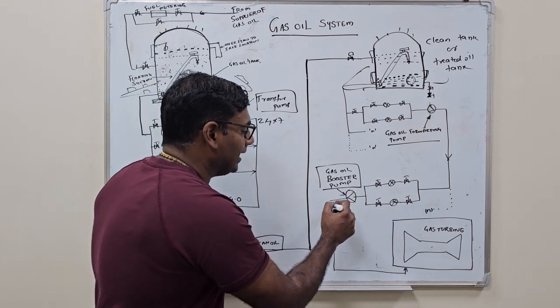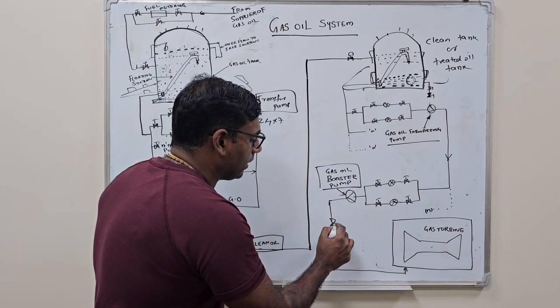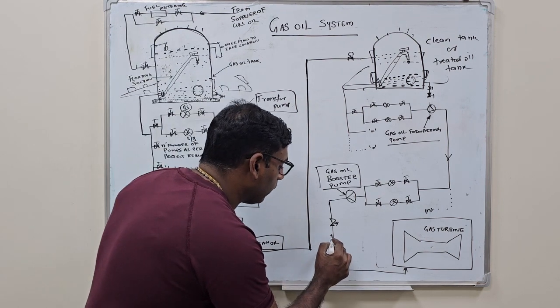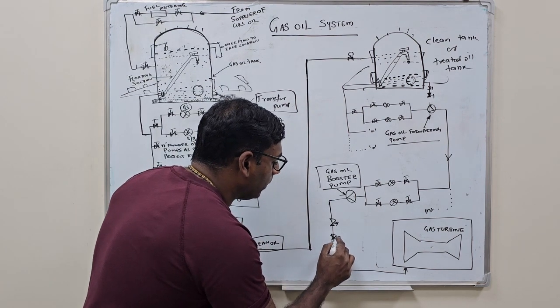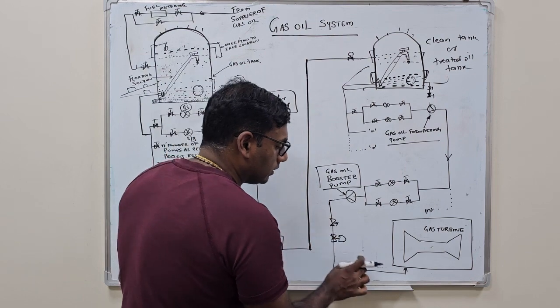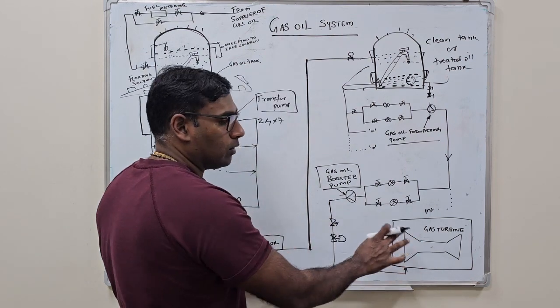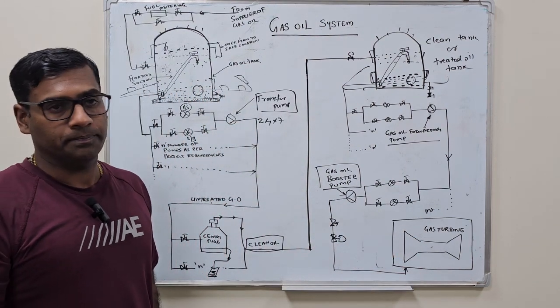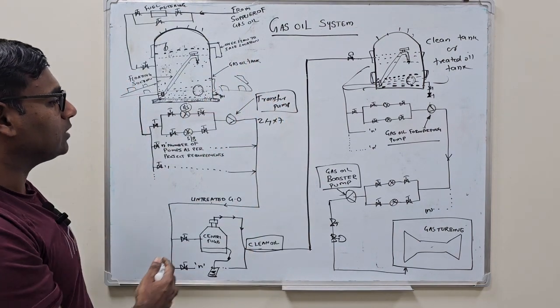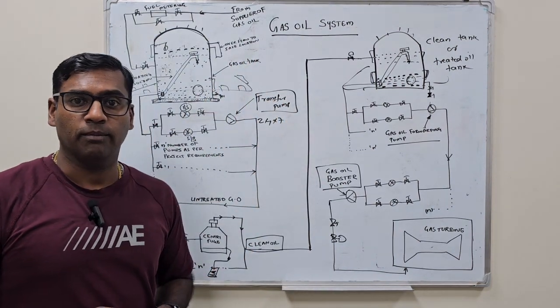Once the pump develops the pressure, there will be an emergency shut-off valve, control valve, and several valves provided to feed the gas turbine with the required amount of gas oil for combustion. So this is about the gas oil system for a gas turbine power plant.